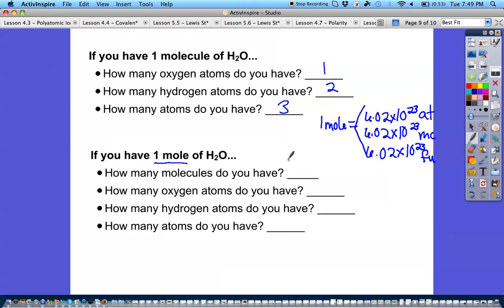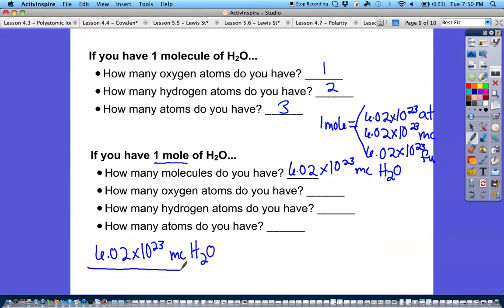So in 1 mole of water, how many molecules do we have? Well, 6.02 times 10 to the 23rd molecules of water. Okay, so now we know how many molecules we have. So we're given 6.02 times 10 to the 23rd molecules of water.